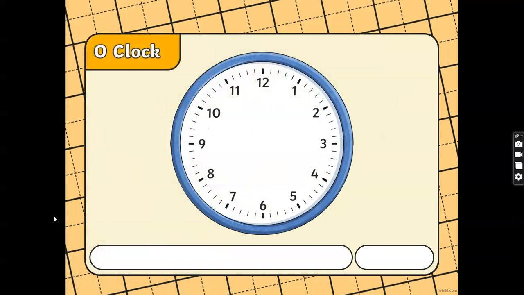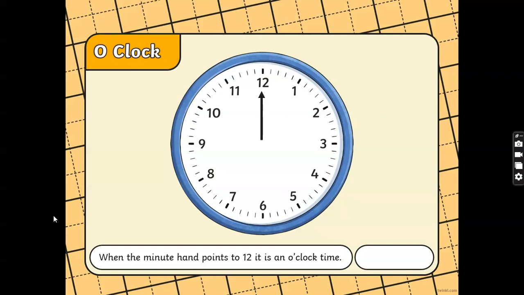Now, let's remember something. When the long hand, which is called the minutes hand, is pointing to number 12, we say o'clock, whatever number the hour hand is pointing to.